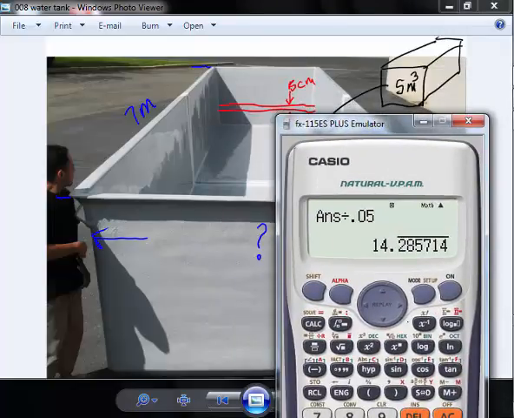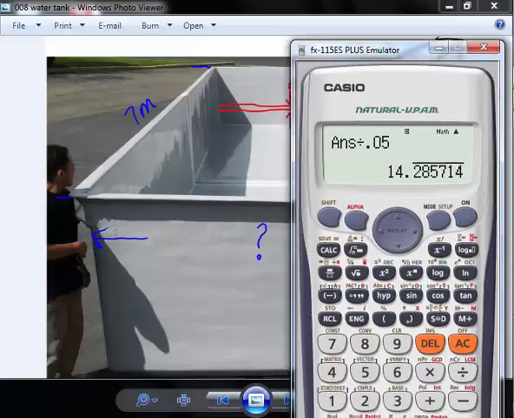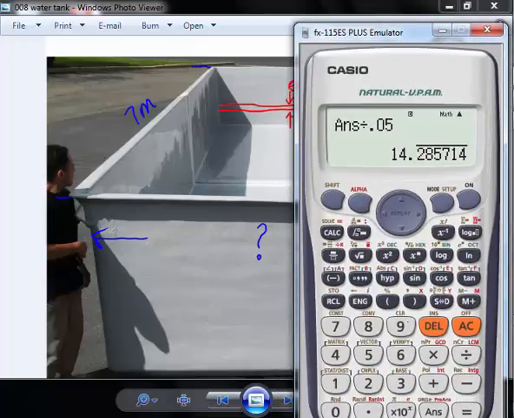So we started with 5 cubic meters, we divided it by 7, and then we divided it by 0.05 again, and we're down to 14 is how wide this part here is.